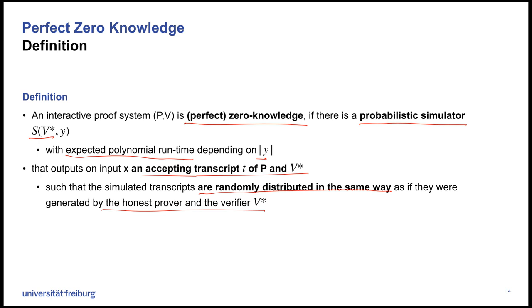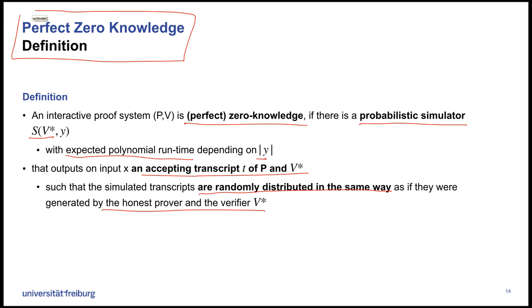Then this has no information. You have learned nothing because you already have an algorithm which produces the same output. That's why it's called perfect zero knowledge. And there are not many problems which really have perfect zero knowledge.